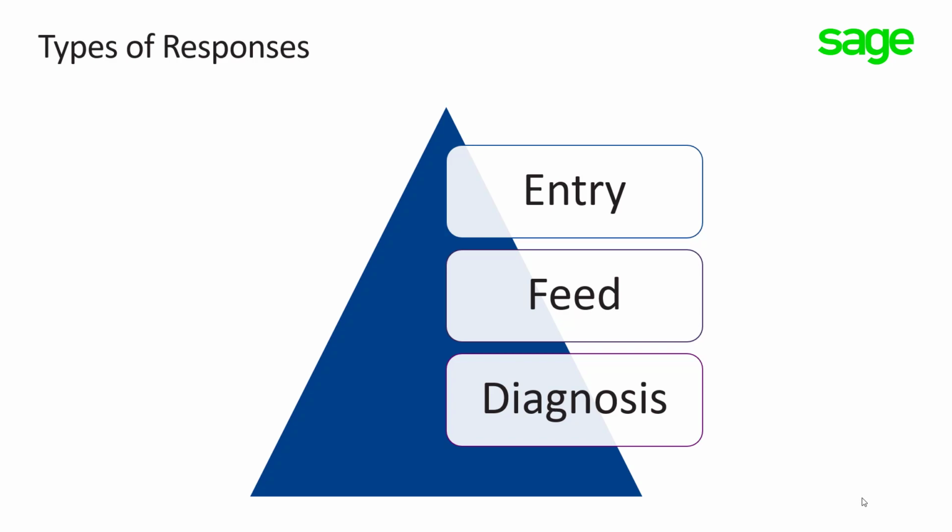They're basically entry, feed, and diagnosis. An entry is a representation of an individual resource and contains the native JSON formatted objects. A feed is a collection of entries. That's when you're pulling back more than one record. And a diagnosis is returned in case something went wrong with the request. It's basically the core to error.